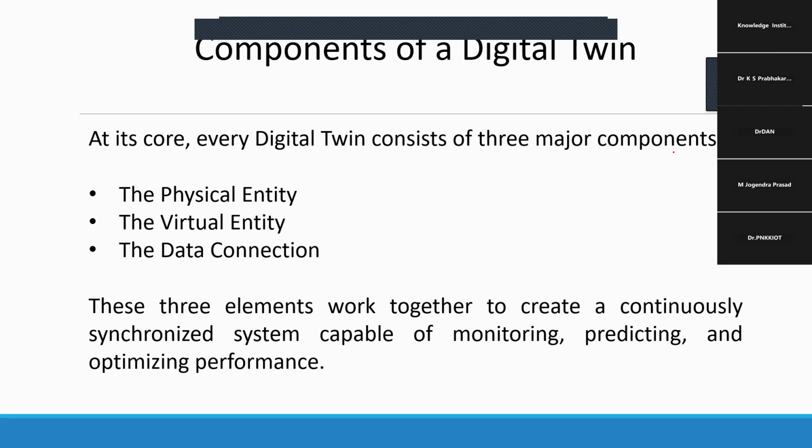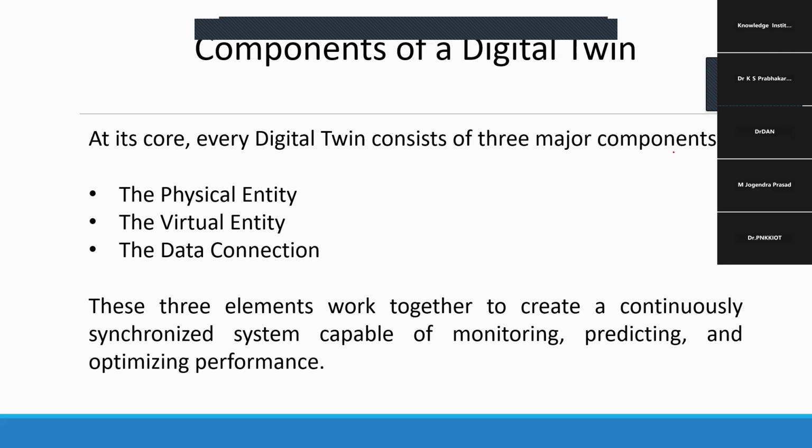The physical entity is the real-world system. The virtual entity is a digital representation. The data connection continuously exchanges information between the physical entity and the virtual entity. Together they create a dynamic system capable of monitoring, predicting, and optimizing performance.